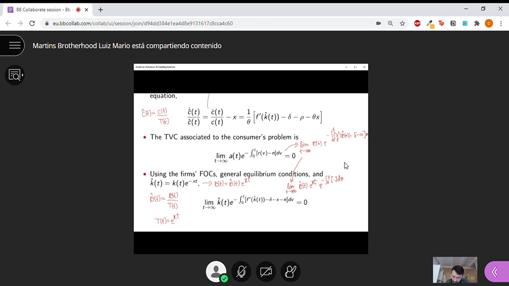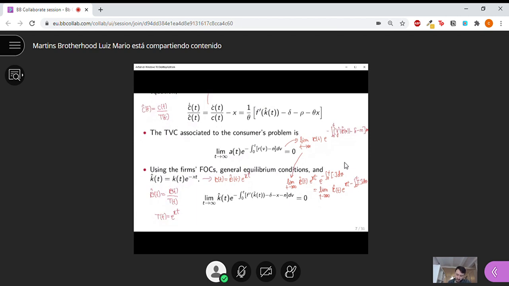Okay, I'm just gonna write a dot because I don't want to repeat everything. So this is the limit, exponential of xt minus the integral. Okay, and look here, that's the answer.